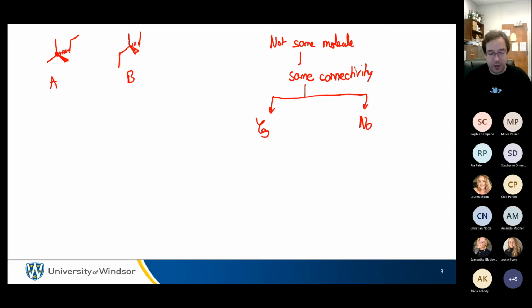It's a flowchart. Everyone likes flowcharts. So connectivity means is everything attached to the same things.